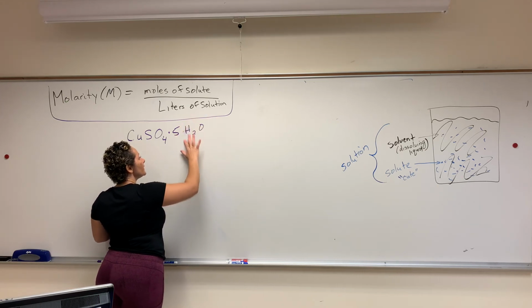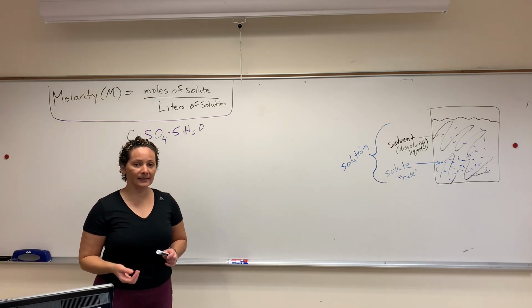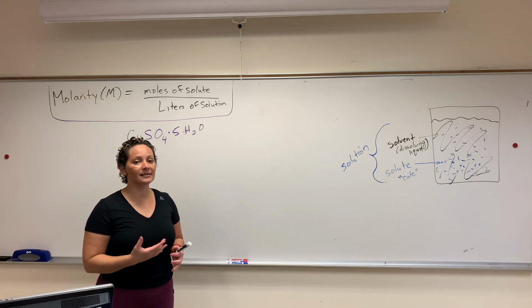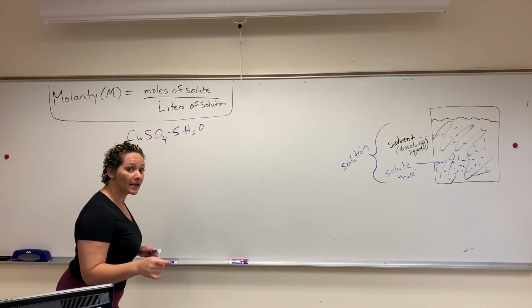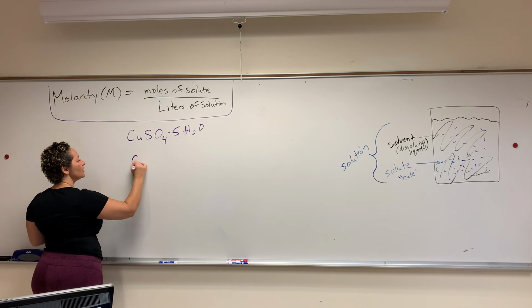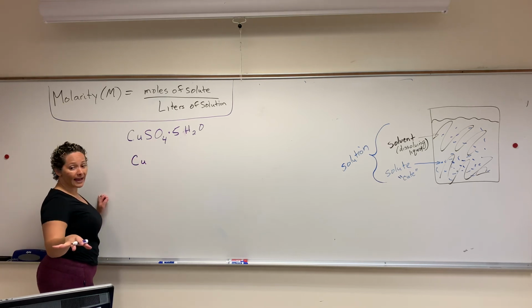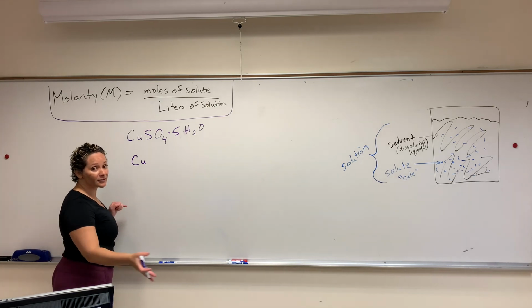So what we want to figure out is the molar mass. What the molar mass is, it's going to be the equivalent of all of the mass of every single atom. So let's go ahead and write this. You're going to need your periodic table too. So I'm going to write this down, copper, and you already have this tabulated. You just have to fill in the answers in your lab.